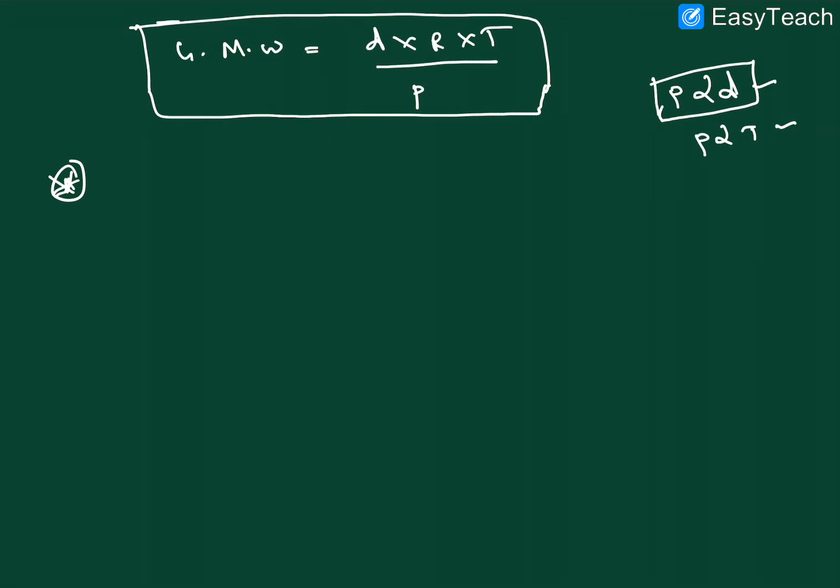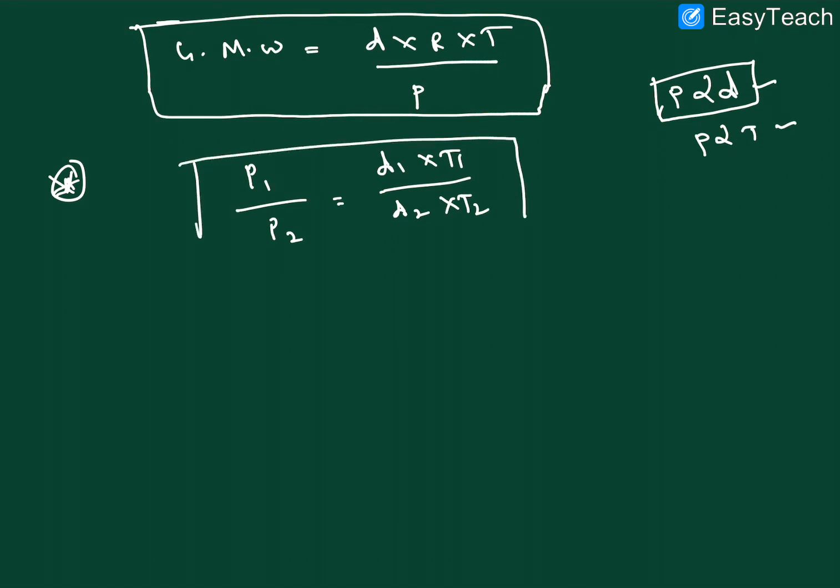In the ideal gas equation, PV is equal to nRT, R is what we call the gas constant. What is the value of the gas constant? It depends on the pressure and volume units.